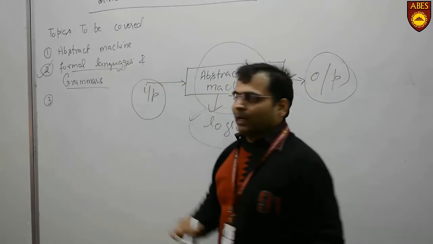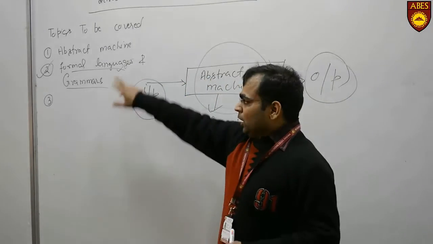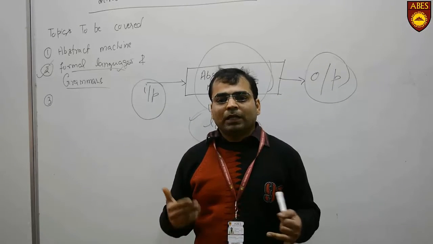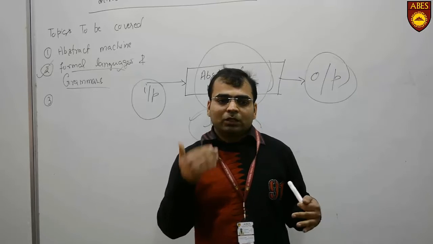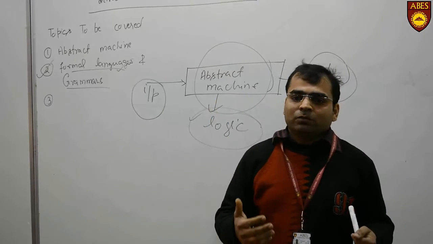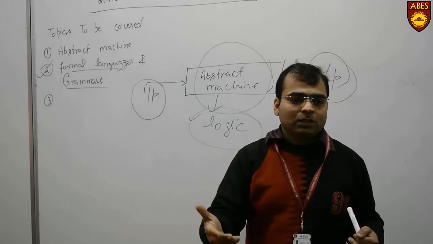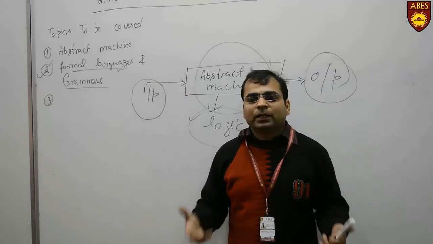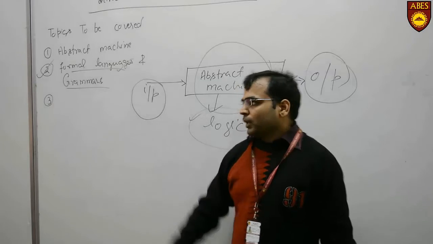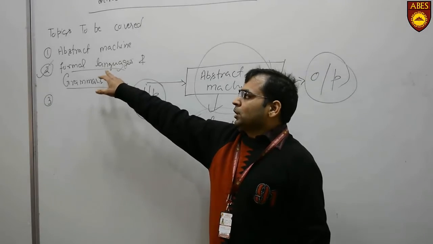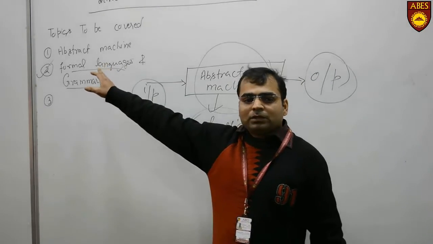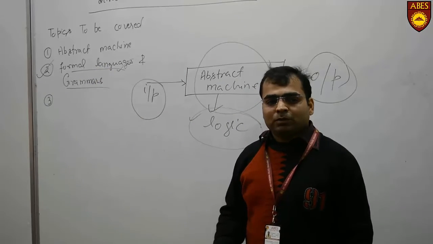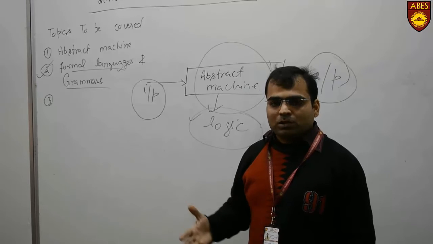So what is a formal language? A formal language is different from a normal language. Our normal language is what we use whenever we communicate with each other, or explain our ideas or views. But a formal language is something that can be represented in mathematical form by using certain rules.